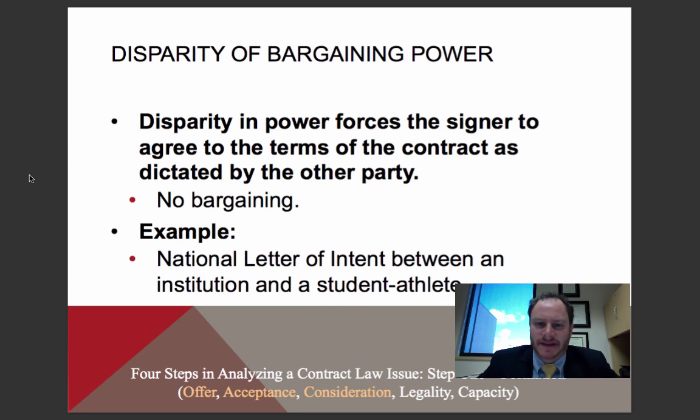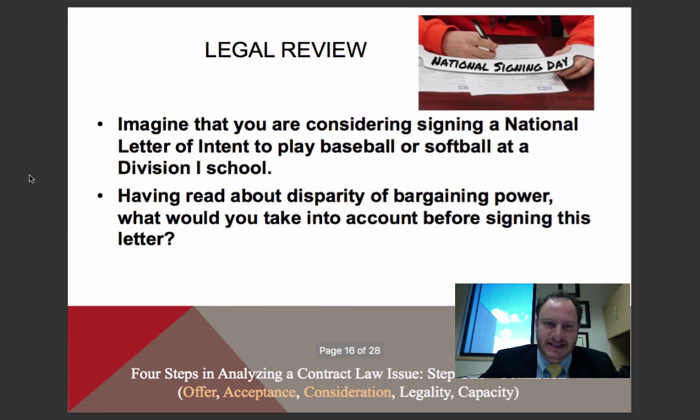So in the event that there is such a high disparity of bargaining power between the parties, a court may invalidate the contract, but if there is some level of negotiation, then more likely than not, the court will honor the contract for consideration. So, having just said that, and we're talking about National Signing Day, having read about the disparity of bargaining power, what would you take into account before signing the letter?